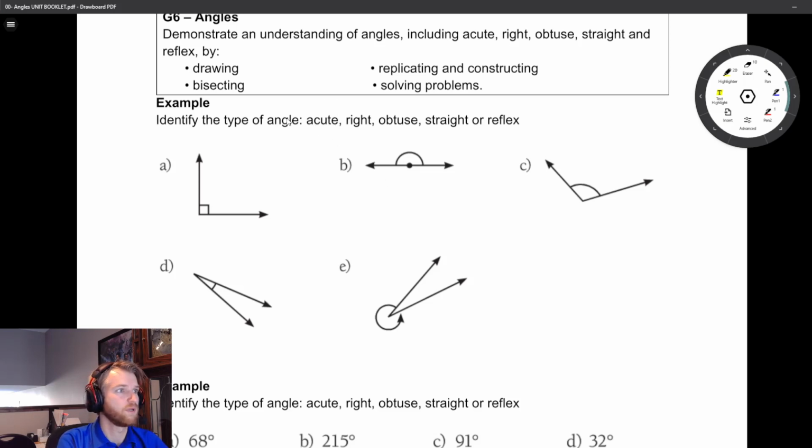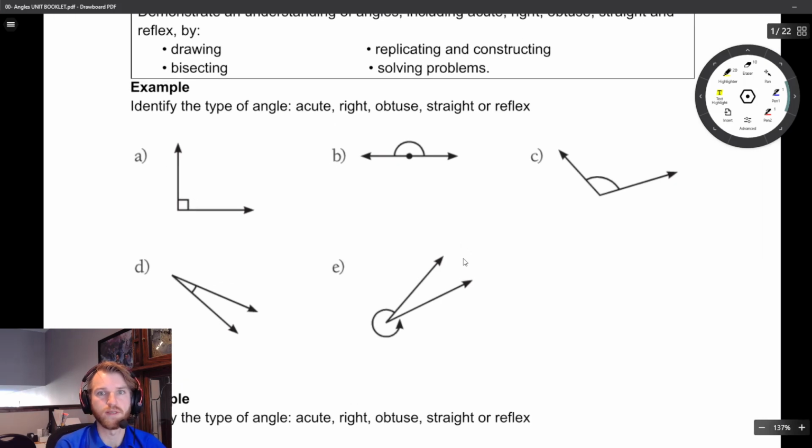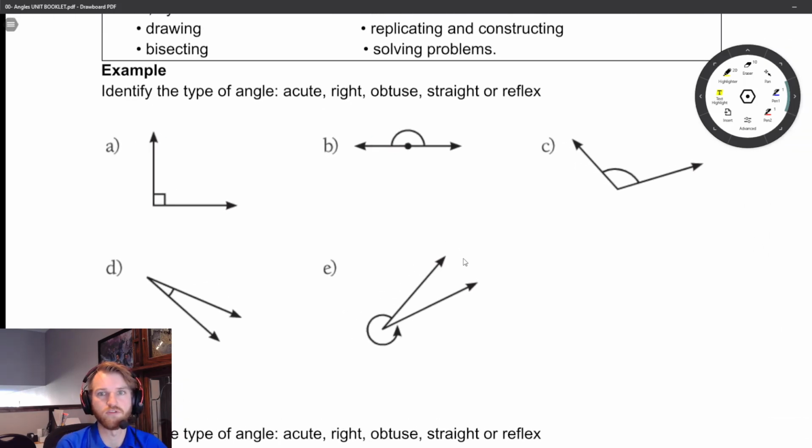So starting off, we're just going to talk about the different types of angles. It asks us to label or identify each of these angles as either acute, right, obtuse, straight, or reflex angles. So let's start by talking about which one each of these is. An acute angle, the very simple way to remember this is that it's small, like a cute angle.